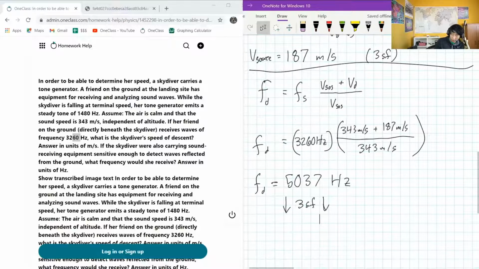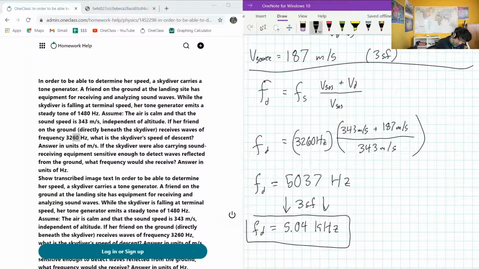So 5.04 kilohertz is F D, the frequency as observed from the diver for the reflected wave.